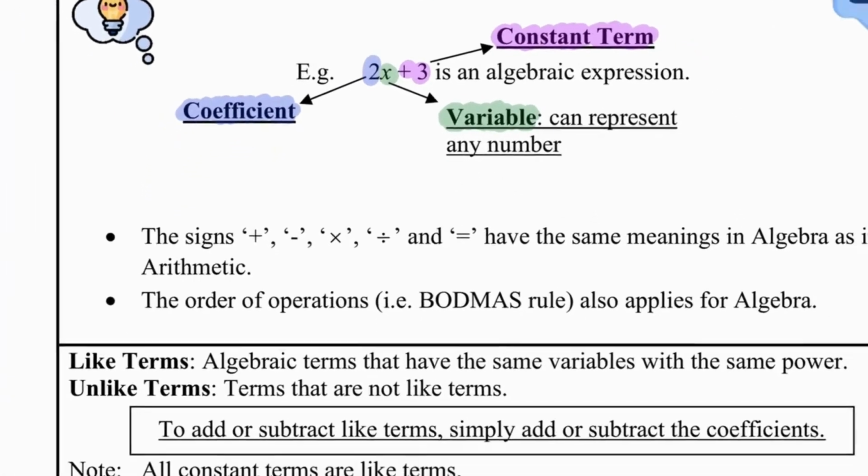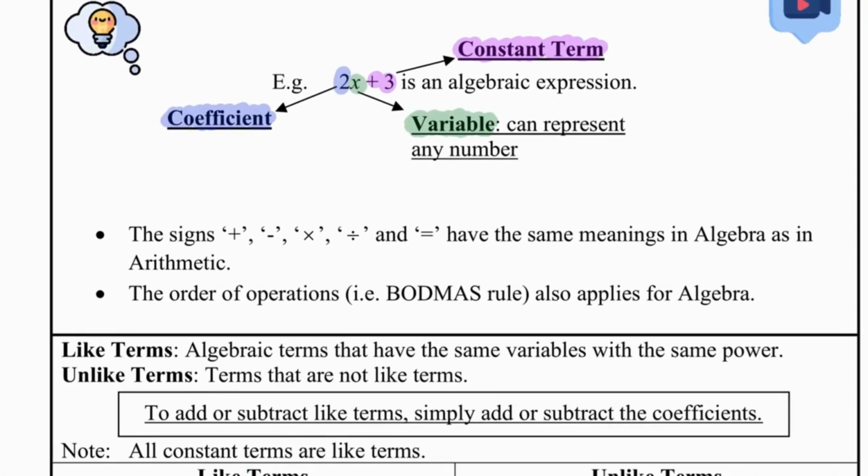Another thing to take note of would then be that the signs plus, minus, times, divide, equal have the same meaning in algebra as in arithmetic that you all have learnt before, and also the order of operations, the BODMAS rule, still applies in algebra.